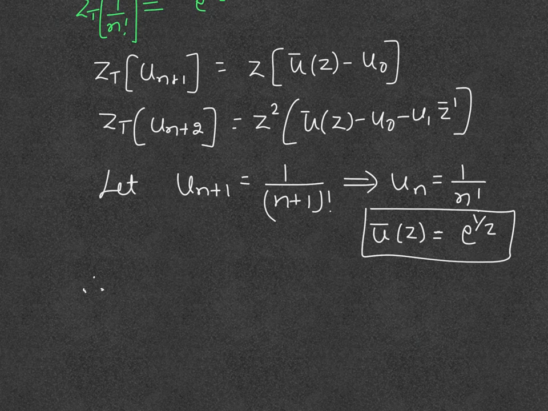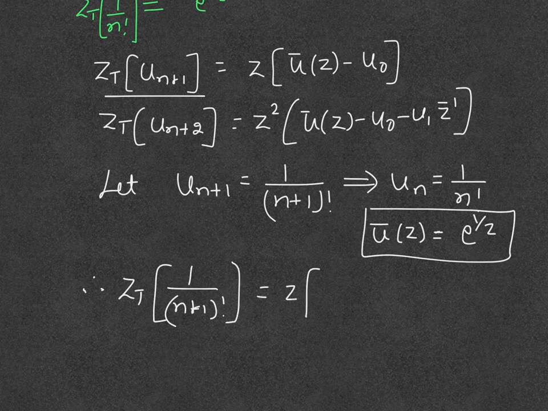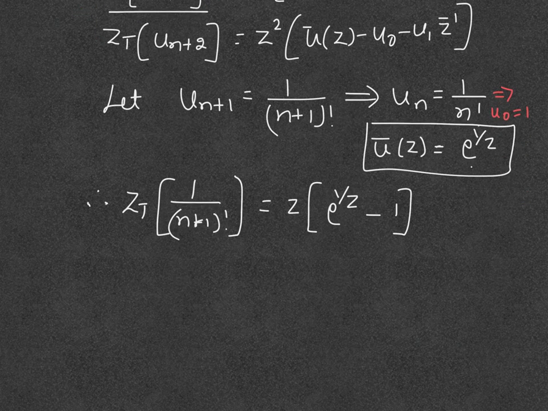Therefore, according to the shifting property, z transform of 1 by (n plus 1) factorial, if you consider this u(n plus 1) as (n plus 1) factorial in the denominator, is z u bar z, using the result, u bar z is e power 1 by z, minus u naught, where un is 1 by n factorial. What is u naught? 1 by 0 factorial, it is 1. Therefore, minus 1. This is the z transform of 1 divided by (n plus 1) factorial.